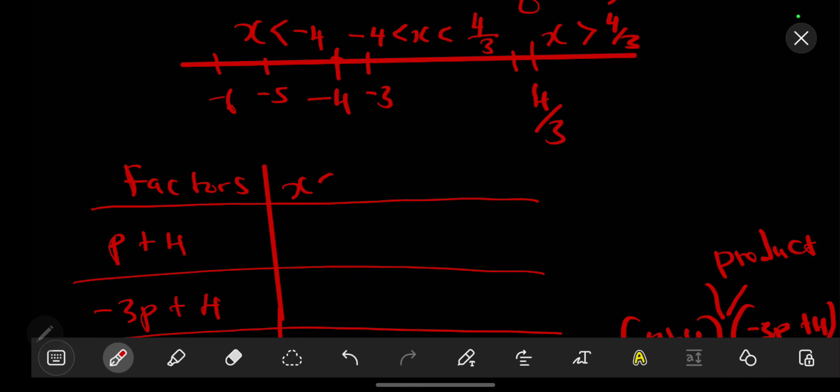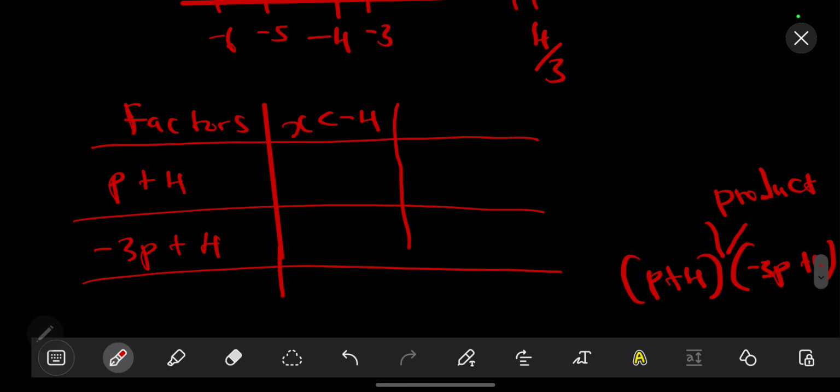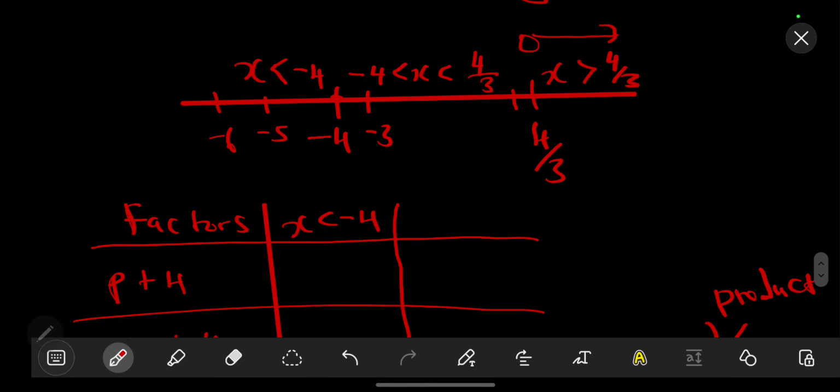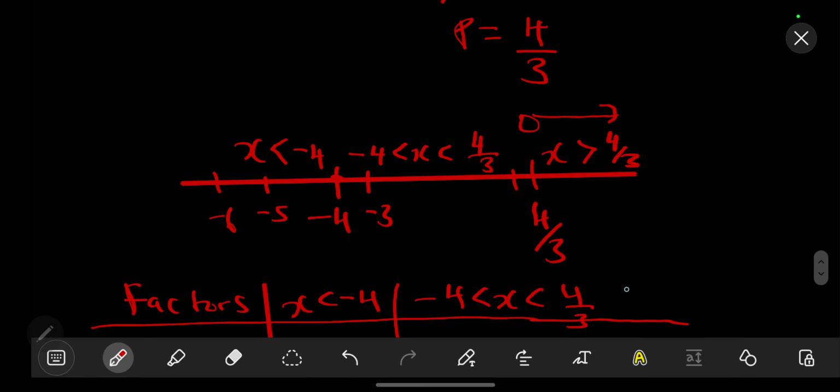We have x less than negative 4. For the other one, which is our interval, negative 4 should be less than x, and at the same time x should be less than 4 over 3. Then last but not least, we have x greater than 4 over 3, like that.